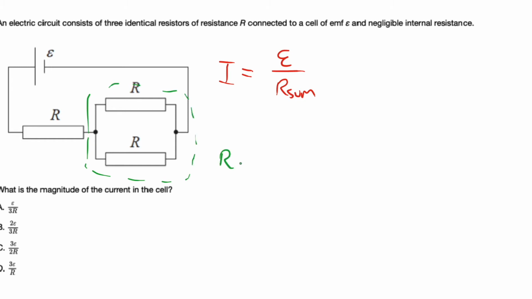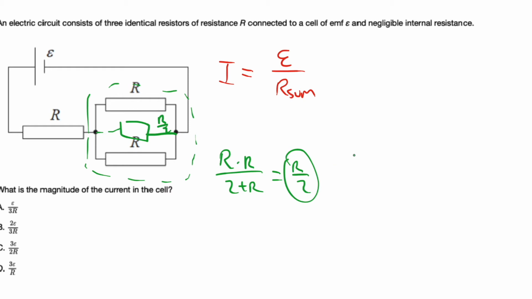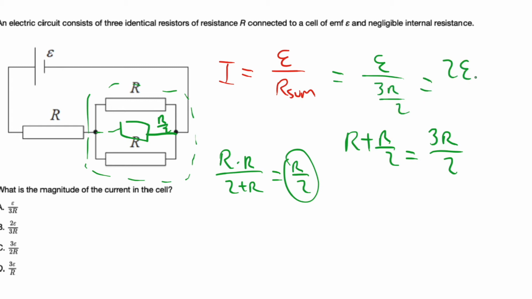R times R over R plus R is going to be equal to R over 2, and then plus this one. Now you can see them as one resistor. R plus R over 2 is going to be equal to 3R over 2. So this will give us a current of 2 EMF over 3R. So B is the correct answer.